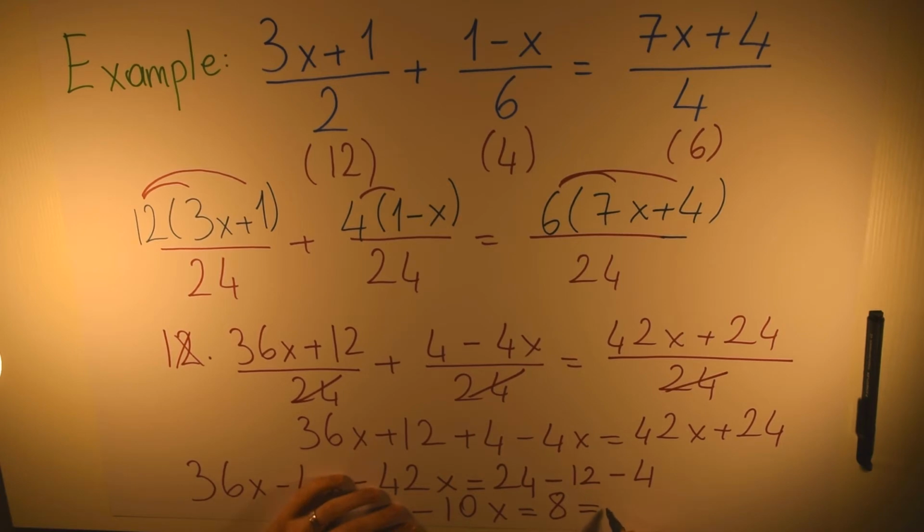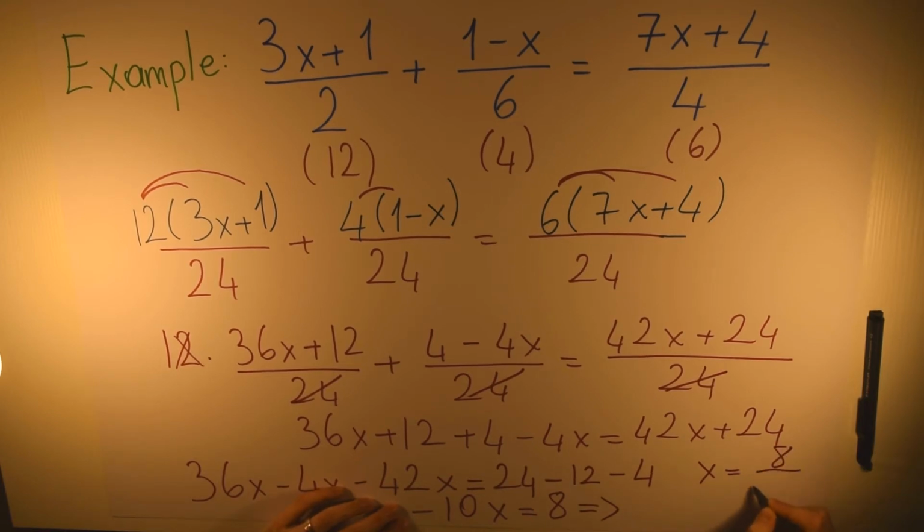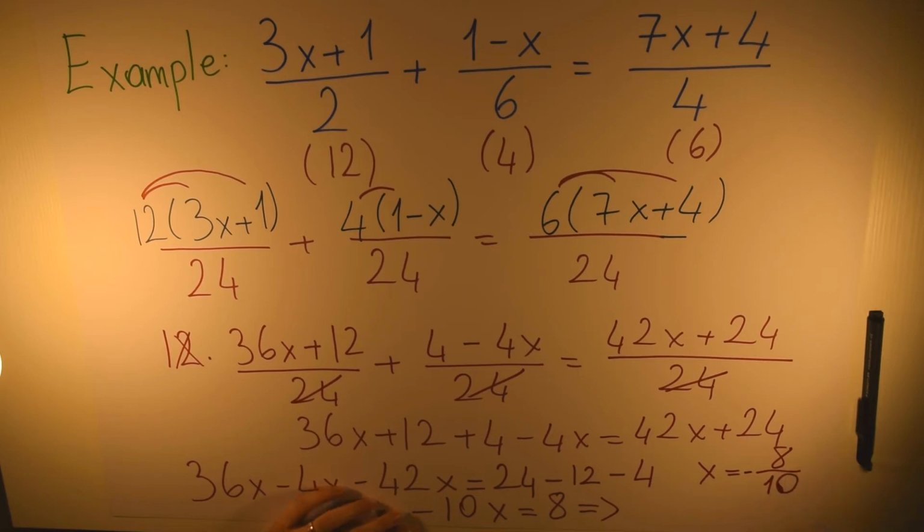Now I will clear the x. To clear it, I divide both sides by minus 10. So from here I will get x as 8 over minus 10, also minus 8 over 10, which is also equal to minus 4 over 5.